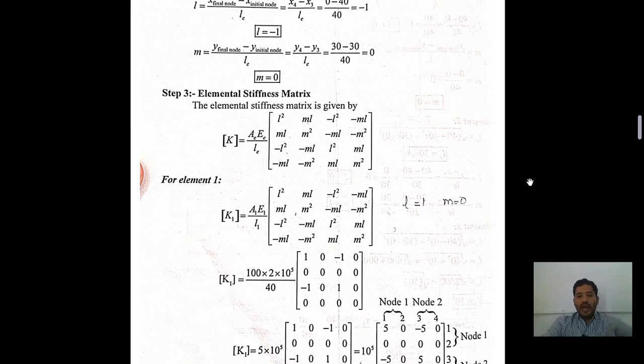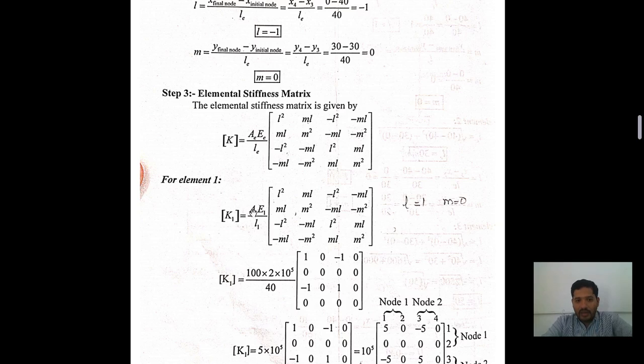K is equal to AE by LE times the matrix: L square, which is cos square theta, and ML, which is cos theta into sin theta, minus L square, minus cos theta into sin theta, and so on, with sin square theta terms, and the rows following the same pattern. Clear here? I hope so. No one is having a doubt here.